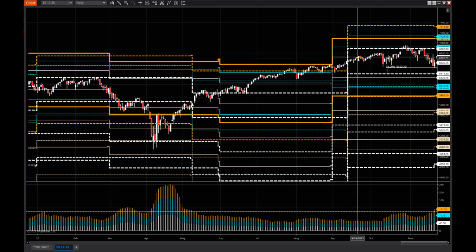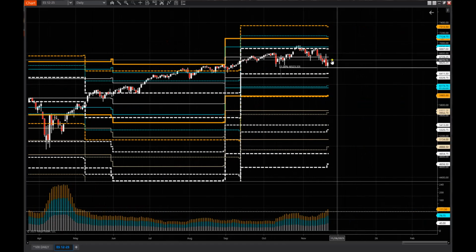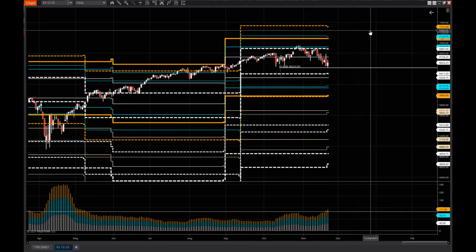So we'll likely go up into that level, and then the algos will decide whether they want to continue, either in a zipper going through the end of the month or go long.